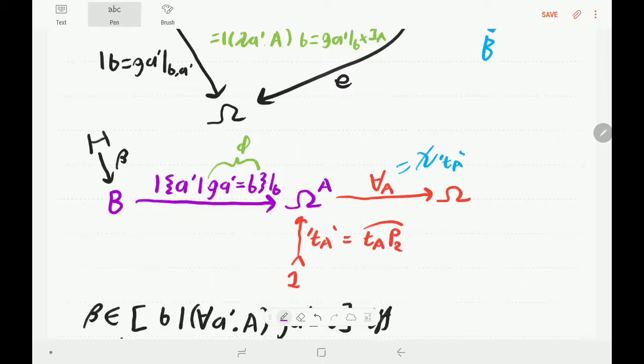Now, what does it mean then to write for all A after one of these set notation things?